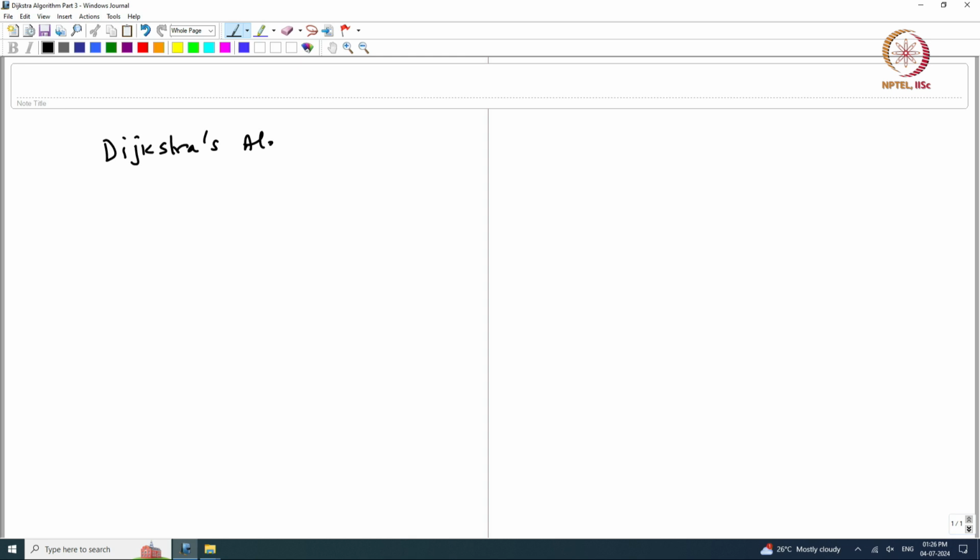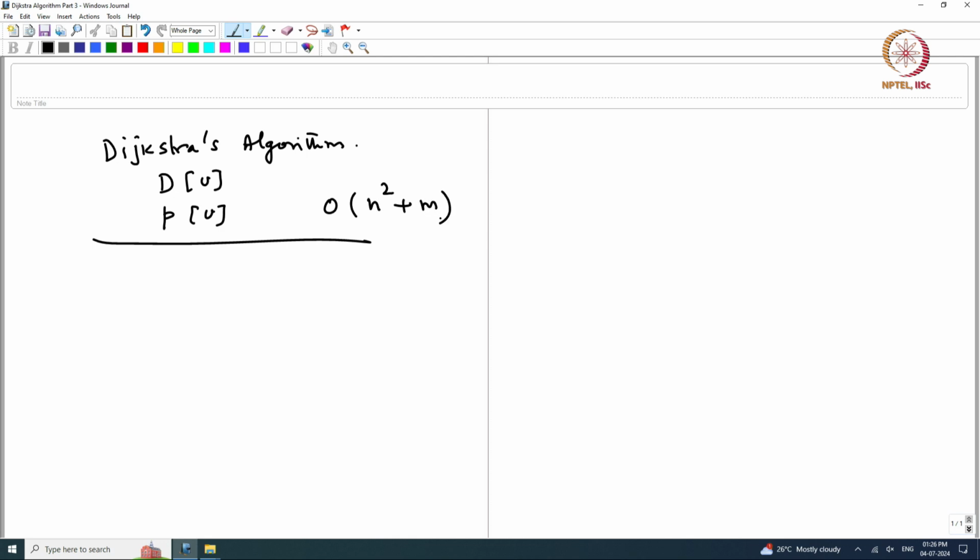We used two arrays, the D array and the P array, and using this, when we implemented our idea, it ended up in an algorithm with complexity order n square plus m. We are going to use some data structures and improve the complexity.